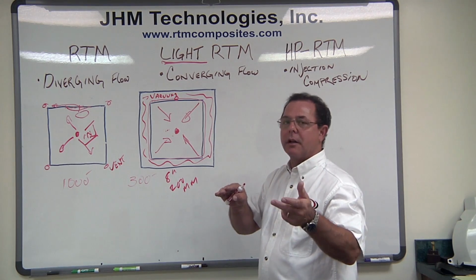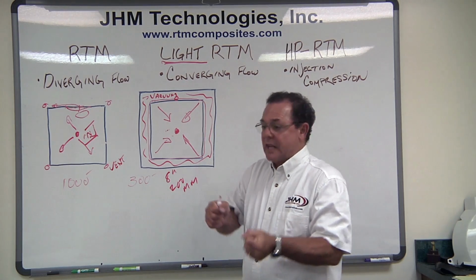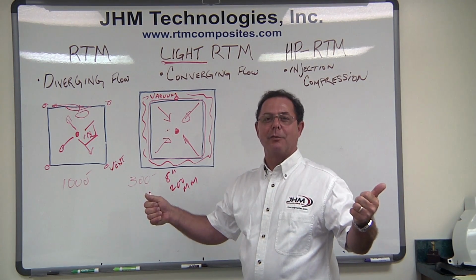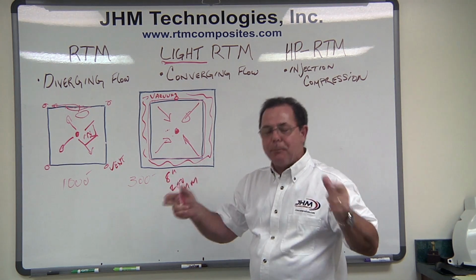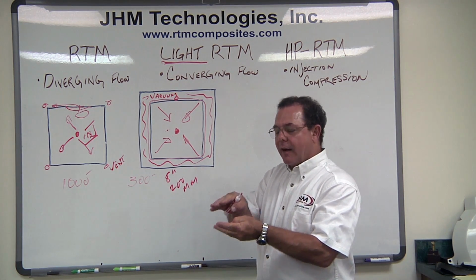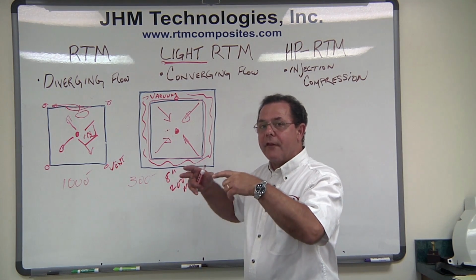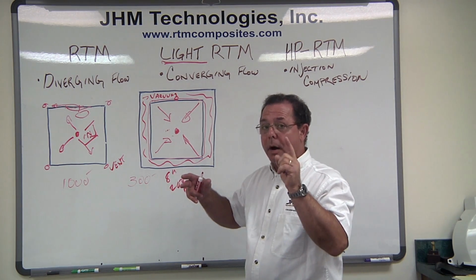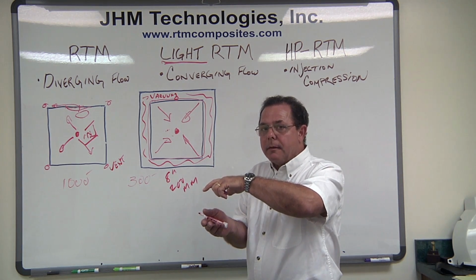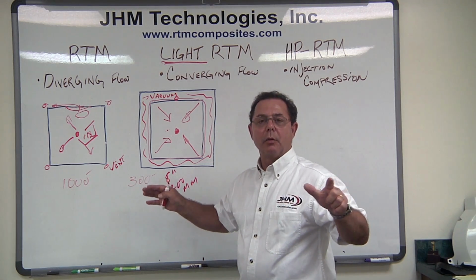High pressure RTM could be the mold fully closed and forcing the resin at 1500 psi to the outside to the vents. Typically the mold is left open a millimeter and a half, resin's injected, filling the mold with the volume of resin it takes to fill the part cavity, but obviously if the mold is slightly open, then when the mold fully closes, it forces that resin the rest of the way out.